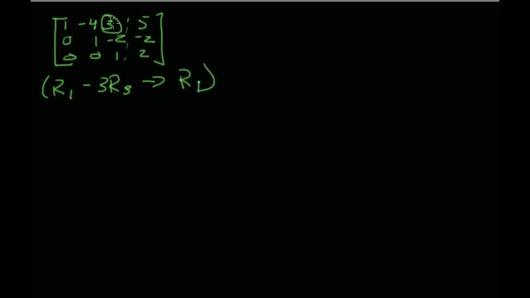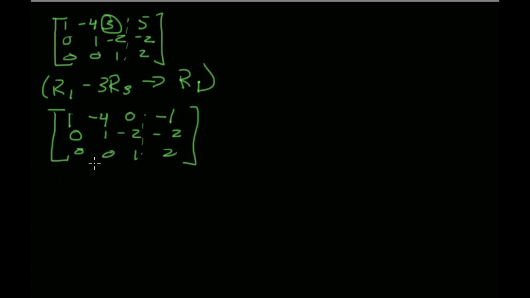That's going to clear out that 3 and make it a 0. So the 1's still going to be a 1, -4 is going to be -4, 3 becomes 0, and 5 minus 3 times 2 is -6, so that becomes -1. Then 0, 1, -2, -2, 0, 0, 1, 2.